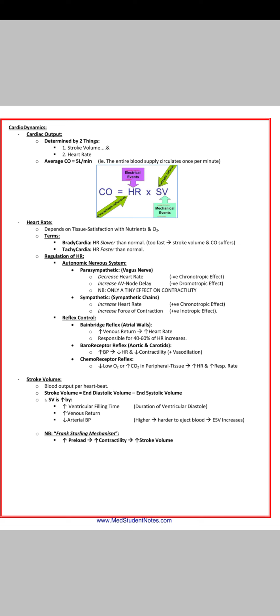The chemoreceptor reflex is due to a low oxygen level and increased carbon dioxide level. There are chemoreceptors that identify the amount of carbon dioxide and the reduced amount of oxygen in the peripheral tissue, which increases the heart rate and the respiration rate.